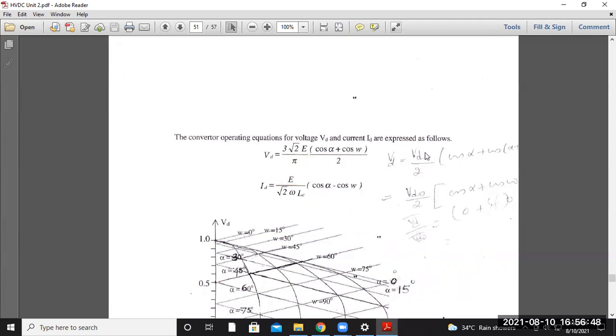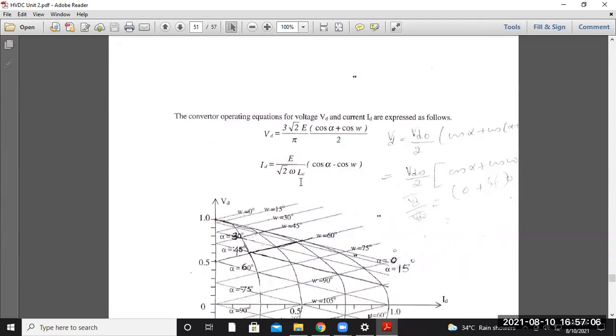Here you can see that VD naught equal to 3 root 2 EL upon pi. This is the line voltage between your transformer and your inverter station.